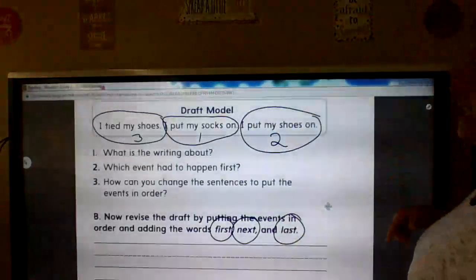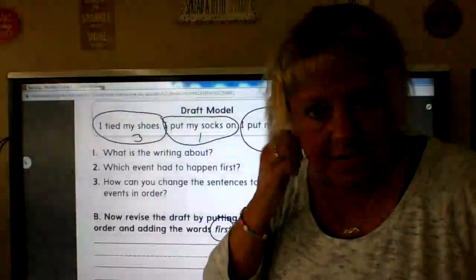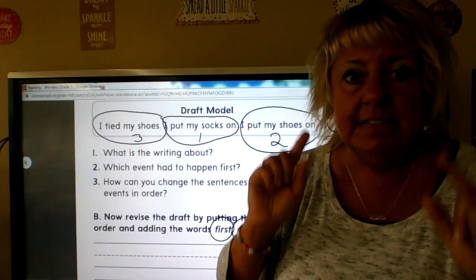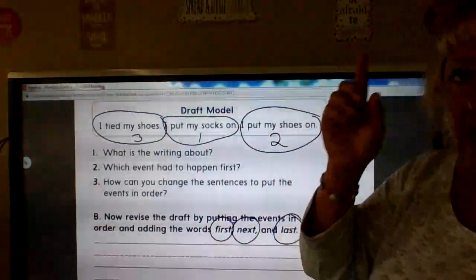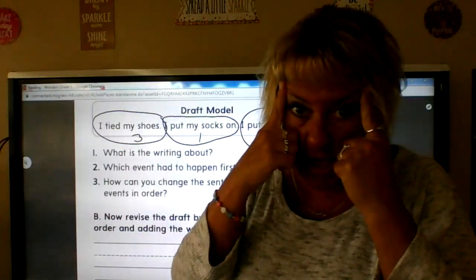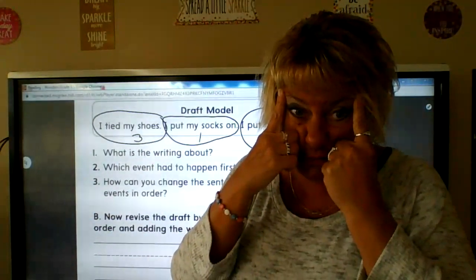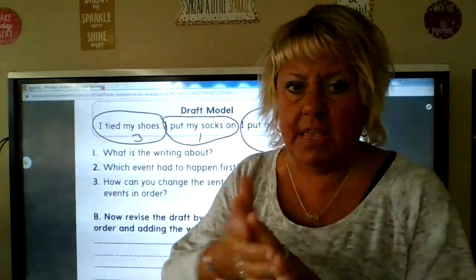This is confusing the way they had it. What we are going to do is make it so that we know exactly what happened first, next, and last, so that we can have a clear picture in our mind, so that the story is not confusing. Okay? So we're going to rewrite it so that it's really clear and we can understand it.